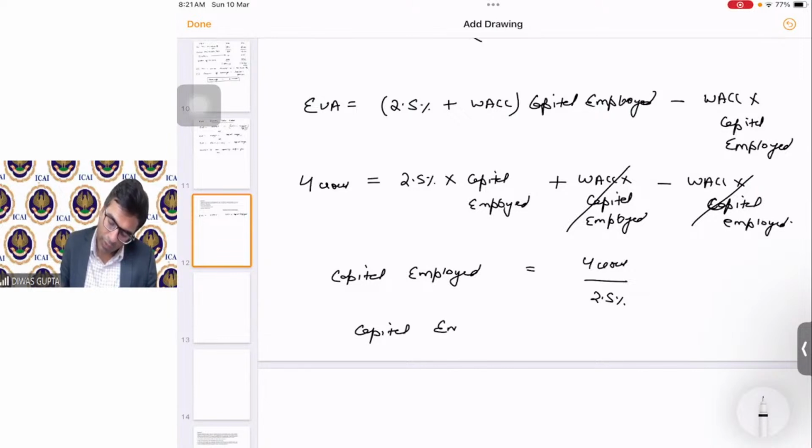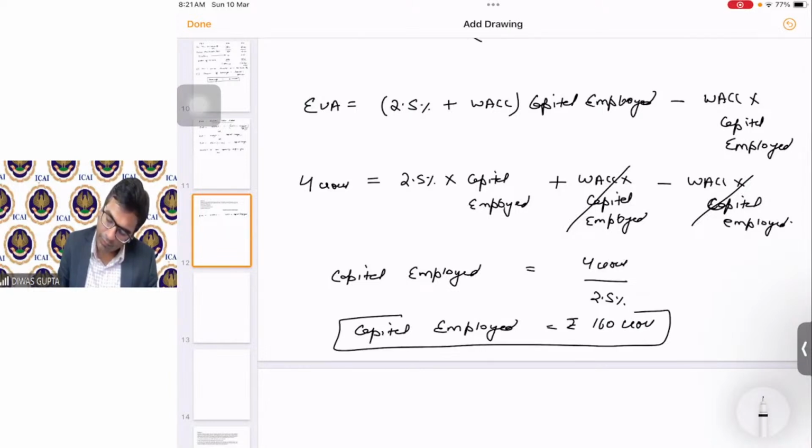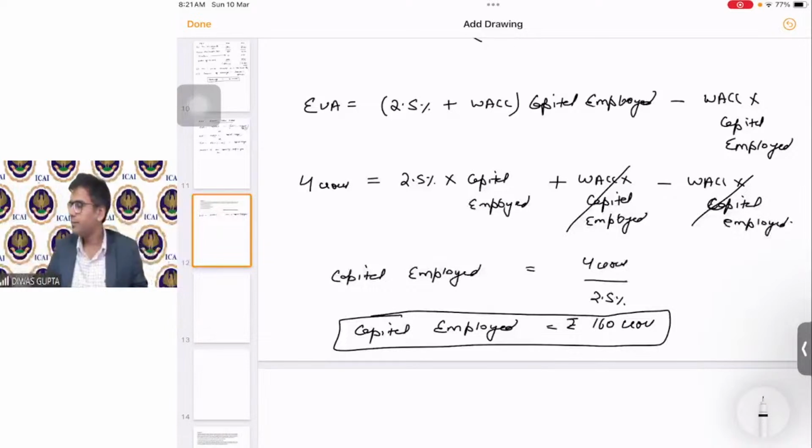So capital employed becomes 160 crores. Clear, students, till now? Capital employed is not 10 lakhs, Jyoti. Just check once. It's coming out to be 160 crores.